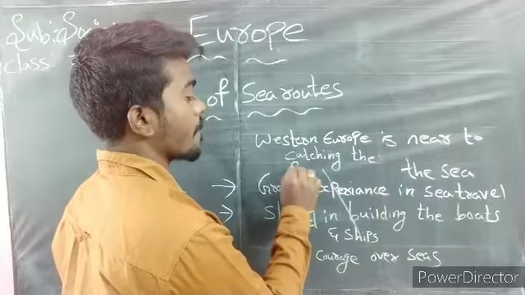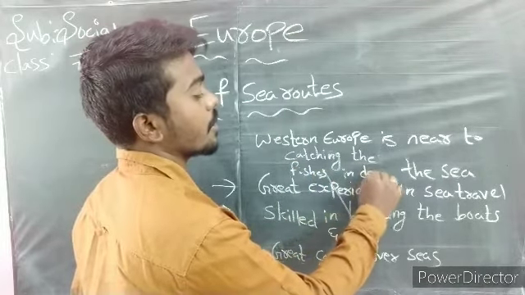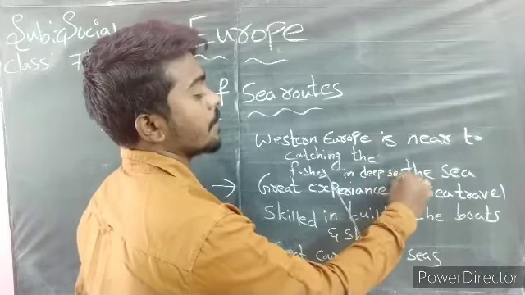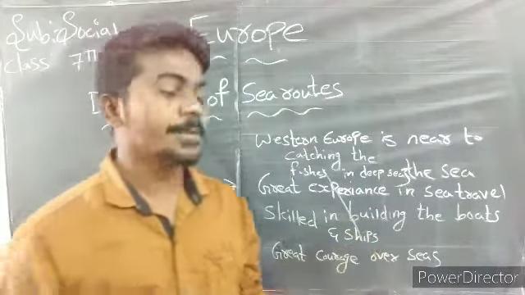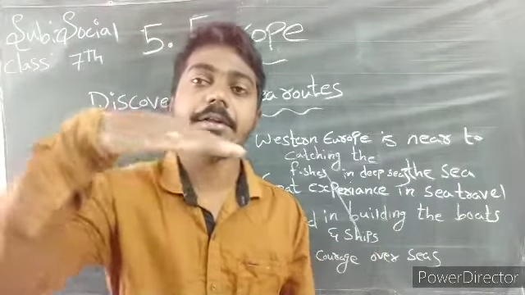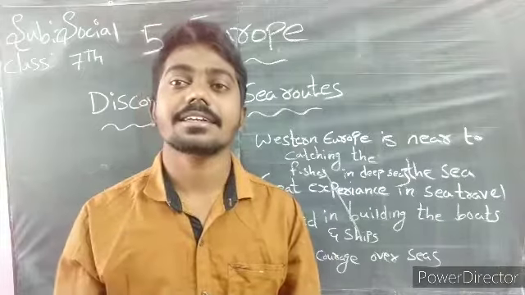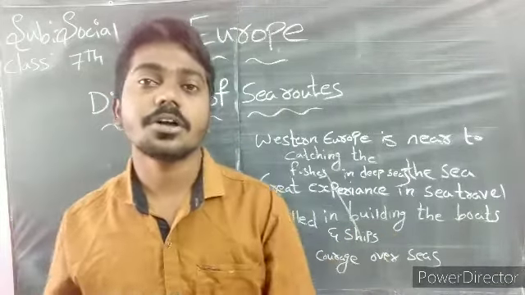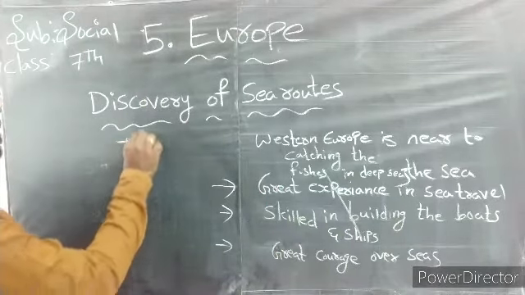First of all, they built boats and ships to catch fish in the deep seas, where we have deep water. But later, the ships and boats were used for international trade.